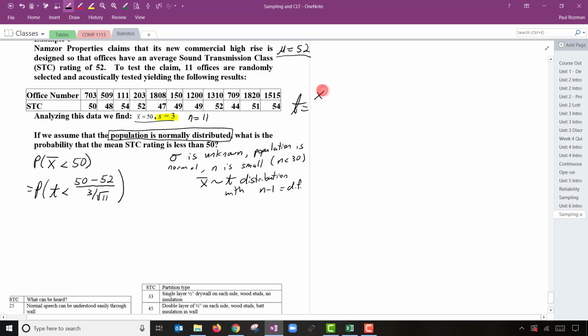T is x bar minus mu over s over root n. We get our t-score of negative 2.21.